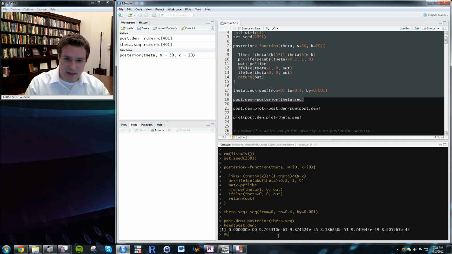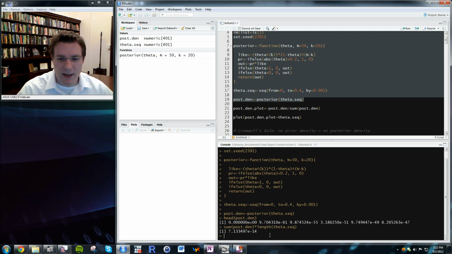If I sum the posterior density times, let's see, how many things have I got here? Something like 4,000 in the sequence, so the length of the theta sequence. I'm getting a number that is not 1, and it actually should be 1.